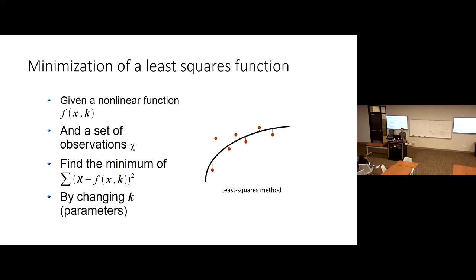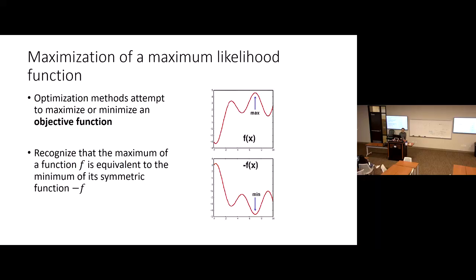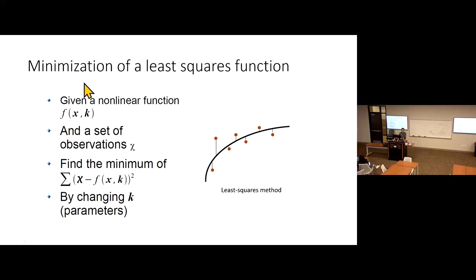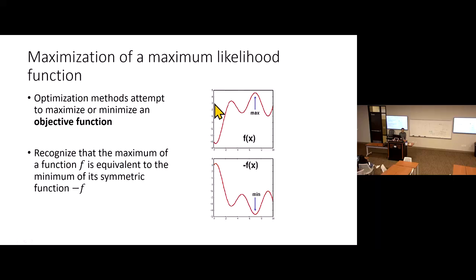So this process is optimization. In our regression application, you want the least squares function, you try to minimize it and you stop. Our objective function here is a least squares function.